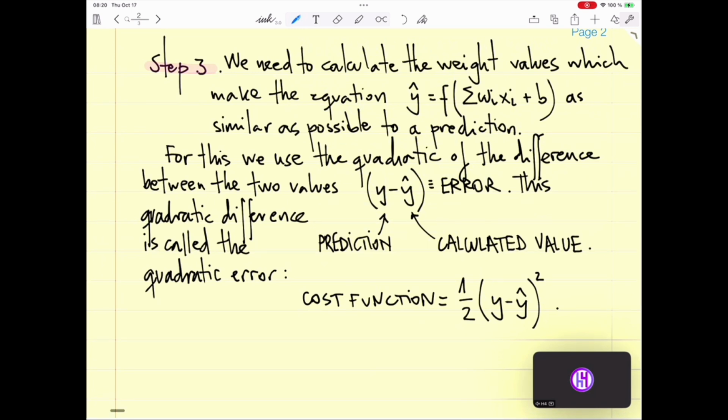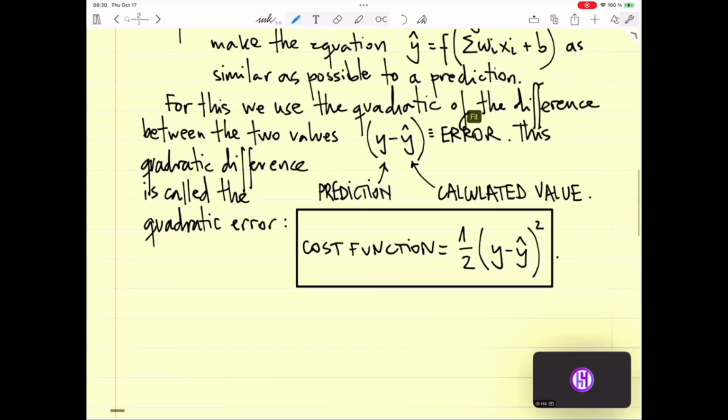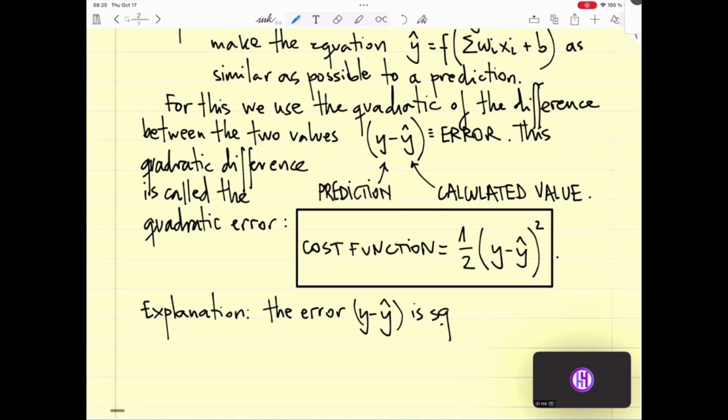So let's explain this equation in detail. Explanation. The error y minus y with a hat is squared so that all values are positive.